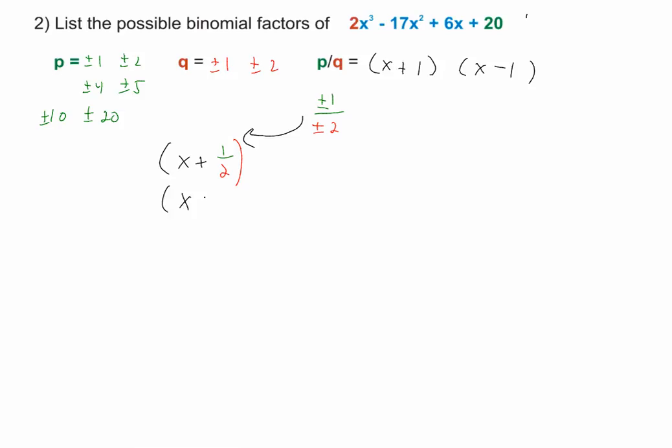Would you agree that that's the same thing? I know that's abstract. Set x plus 1/2 equal to 0 and solve it. What do you get? X equals negative half, yes? Do 2x plus 1 equals 0 and solve it. What do you get? X equals negative half.